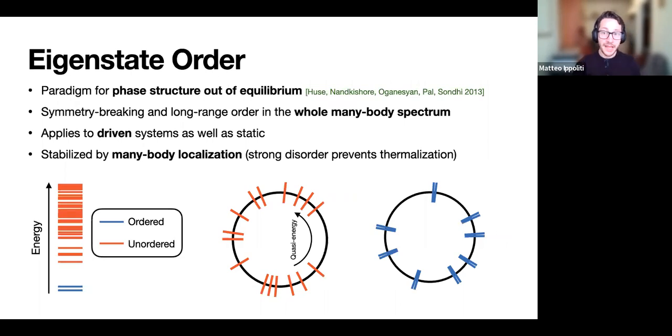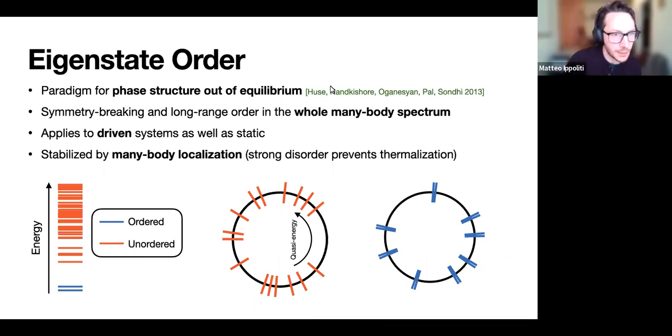So a paradigm that was proposed to evade this kind of scenario goes by the name of Eigenstate order. And this was put forward in this paper in 2013 and really only gained mainstream attention a few years later when time crystals were found as particularly interesting instances of this more general paradigm.